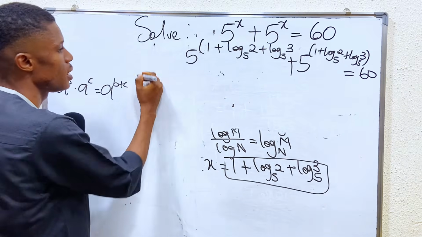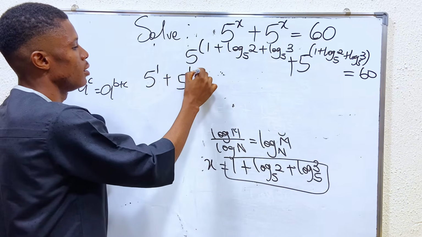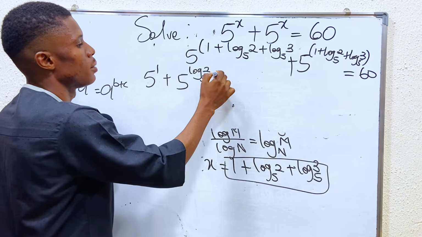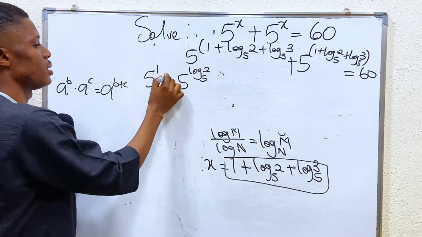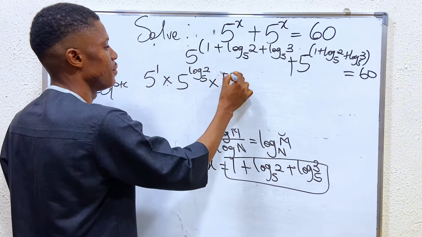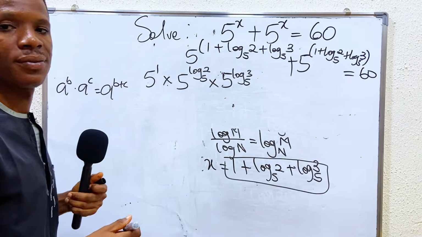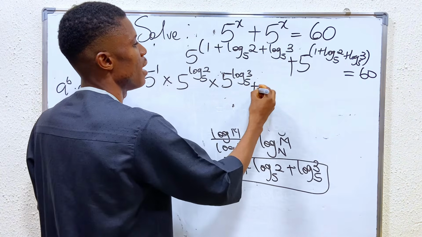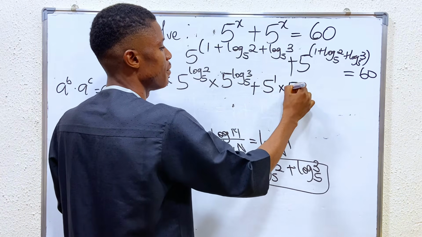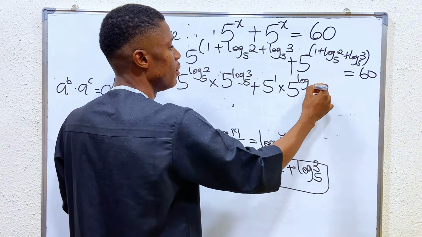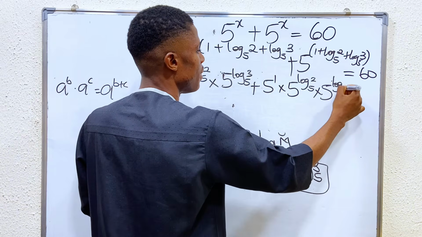We have 5 power 1, times 5 power log base 5 of 2, times 5 power log base 5 of 3. Then plus, we have 5 power 1, times 5 power log base 5 of 2, times 5 power log base 5 of 3.